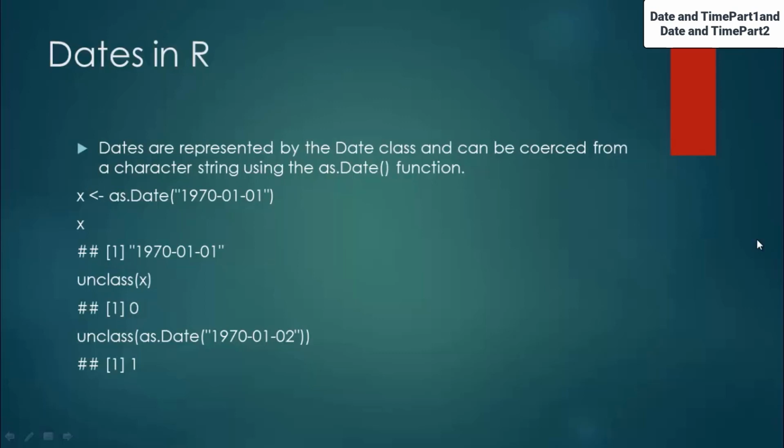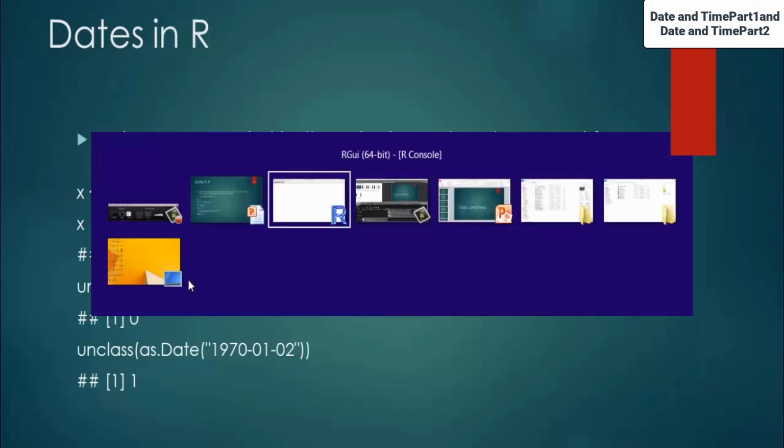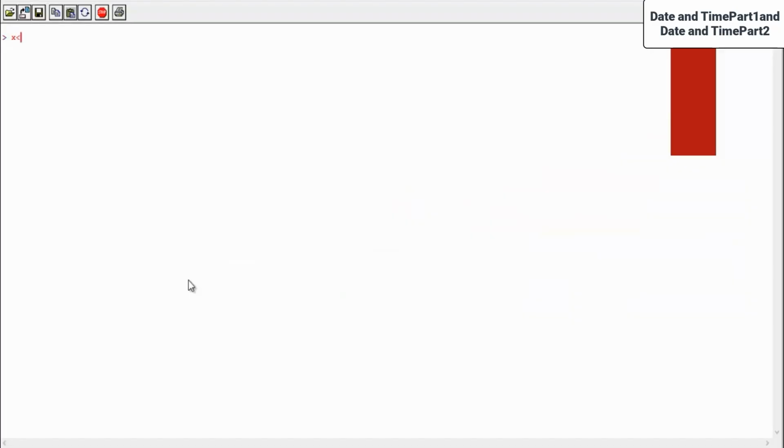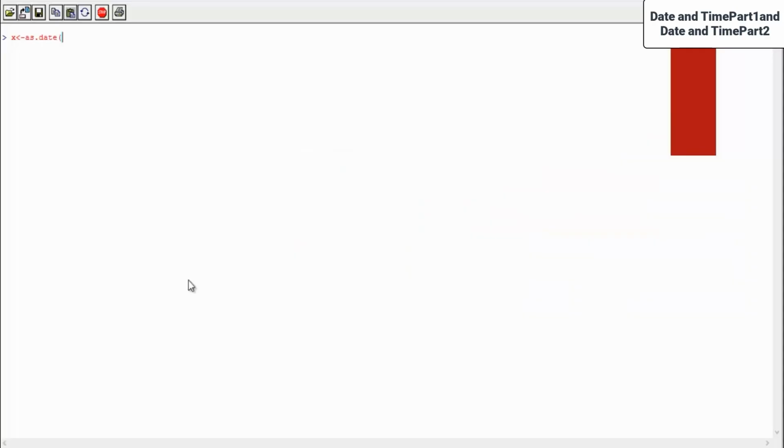I'll start using our programming tool to explain how this happens. Now I'll show you how to use the as.Date function with 1970-01-01.